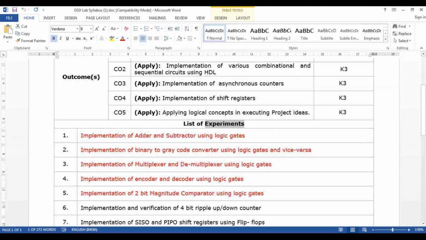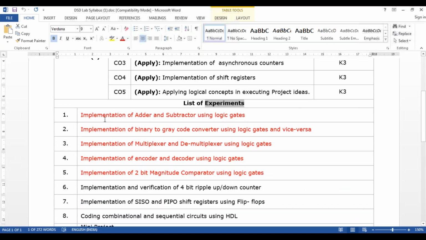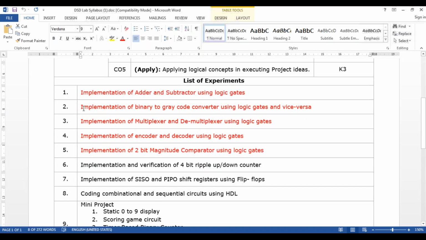This is the list of experiments. The first one is the implementation of adder and subtractor using Logisim. I think we completed that. Next, implementation of binary to gray code converter and vice versa, I mean gray to binary.